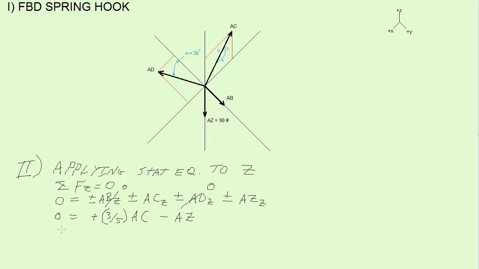So solving for this, AC equals 5/3 times AZ, which means AC equals 5 divided by 3 times AZ, which was 90 pounds. And that leaves us with a positive 150 pounds.